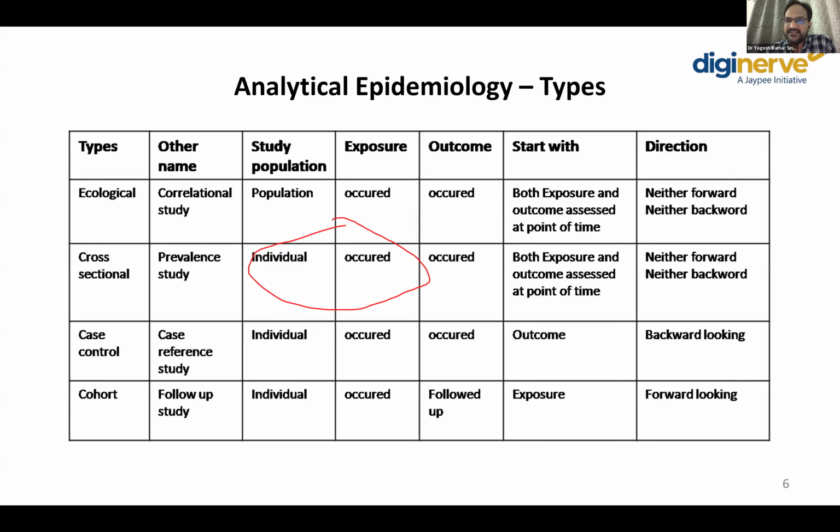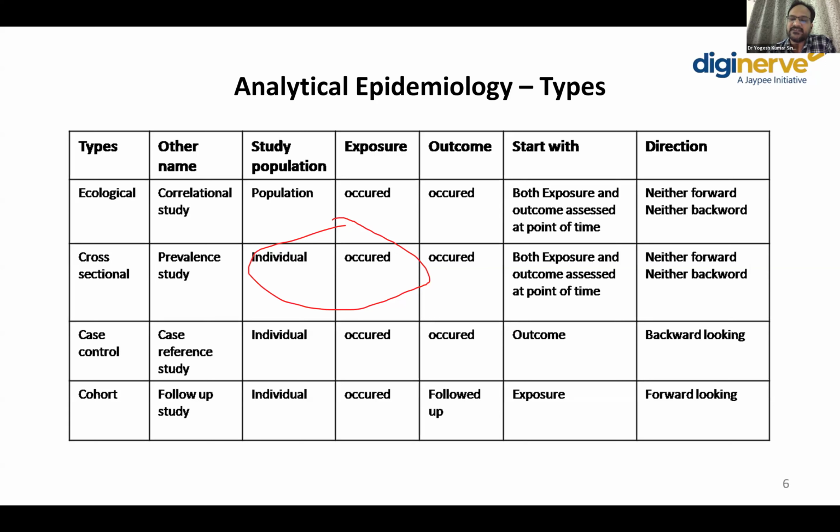Ecological studies always talk about the whole population in general terms. Suppose we can say Indians are obese, or Indians are usually diabetic, or Indians are usually hypertensive. These are the general statements which we can find out by the use of ecological study.